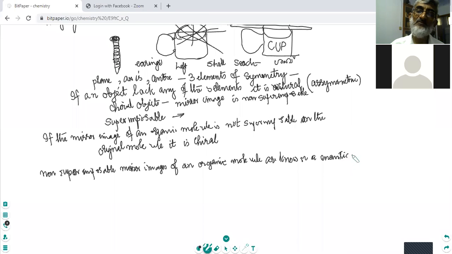Enantiomers. Okay, so non-superimposable mirror images of organic molecules are enantiomers.